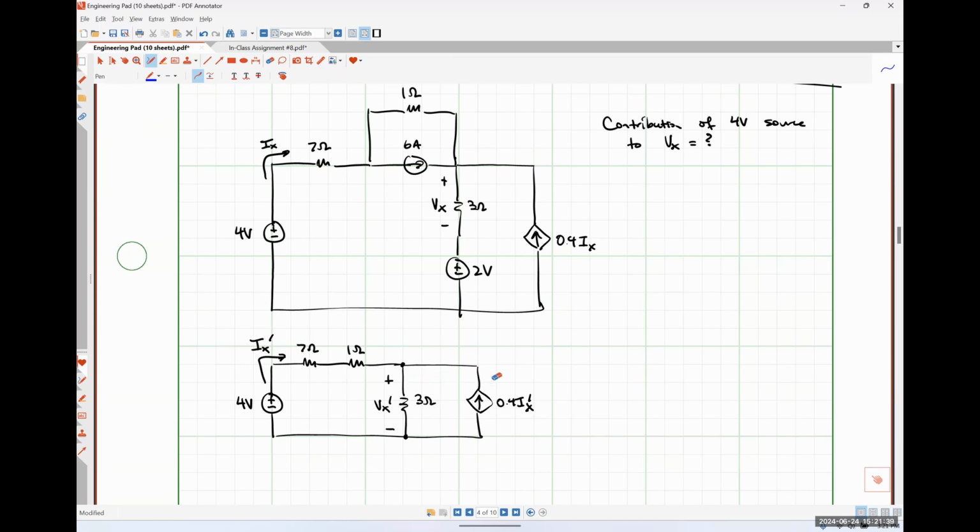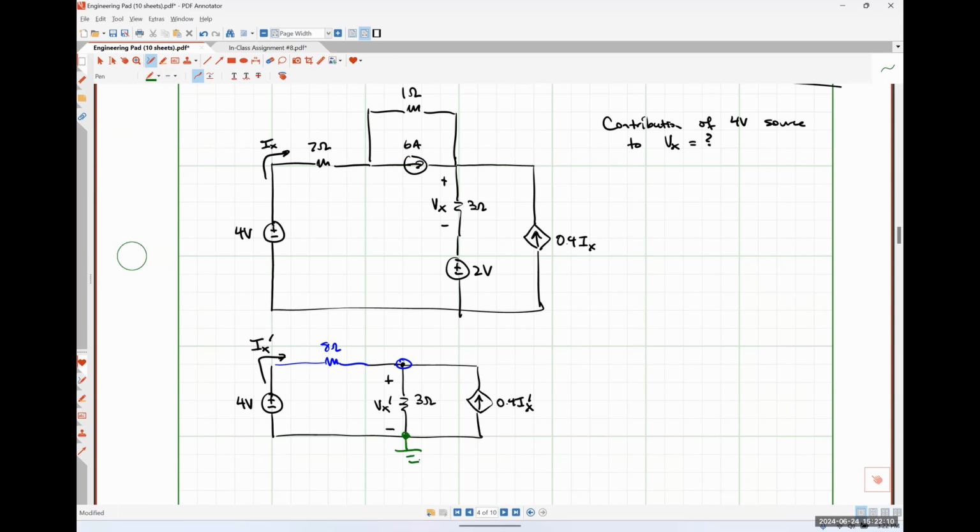So instead, what I am going to do is, this 7 ohm resistor and this 1 ohm resistor are in series, so I can lump them together. I'm going to replace that with an 8 ohm resistor. And then I'm going to write a KCL equation at this node. It's almost like nodal analysis, but with just one node.